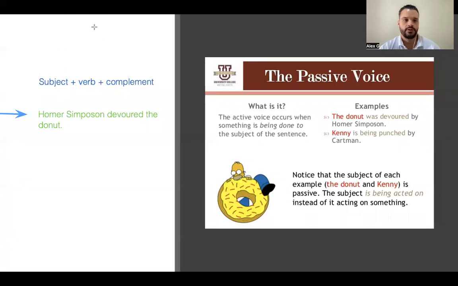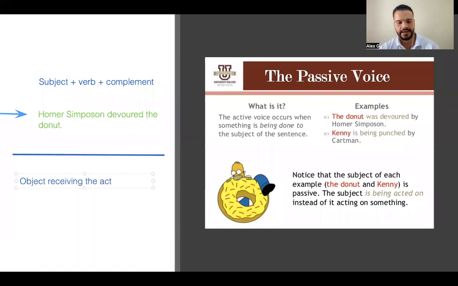Now, if we go over and we take a look at what the passive is, we can see that now it's a little bit different. Now we're actually going to have the object receiving the action, right?